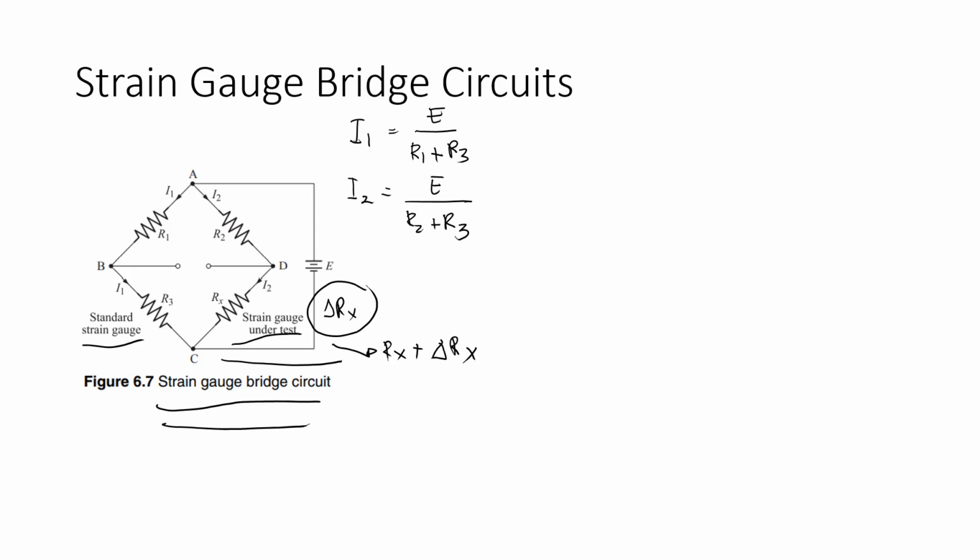If we have the imbalance circuit, EO is equal to I1 R3 minus I2 multiplied by Rx plus delta Rx.